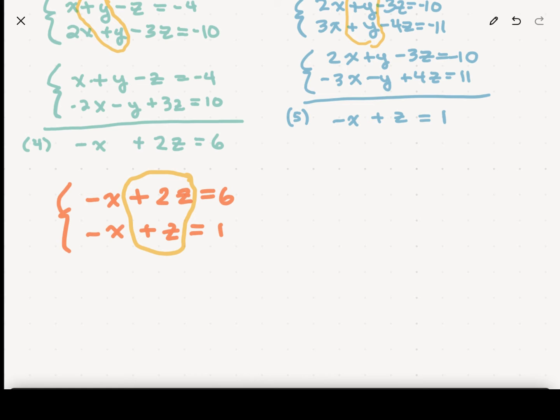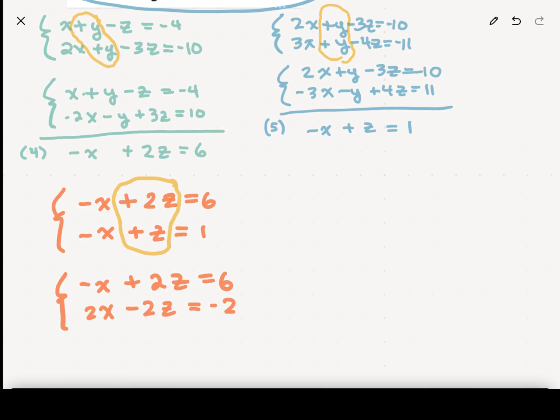I'm going to multiply the second equation by negative 2. So I have negative x plus 2z equals 6, and 2x minus 2z equals negative 2. I can add those two equations. That gives me x plus 0z equals 4.